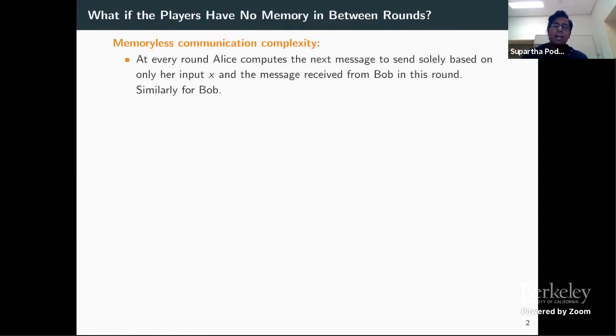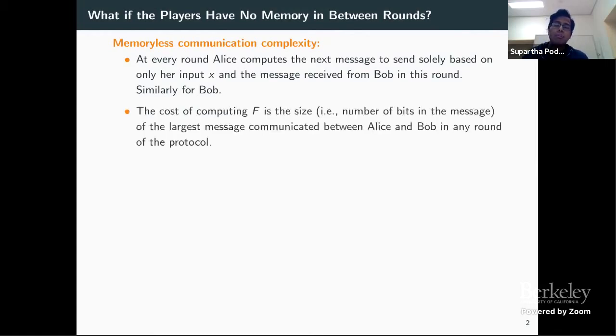We want that at every round, Alice computes the next message based only on her input x and the message that she has received in this round. Similarly for Bob: he computes the message to send based on only his input and the message that Bob receives in this round.